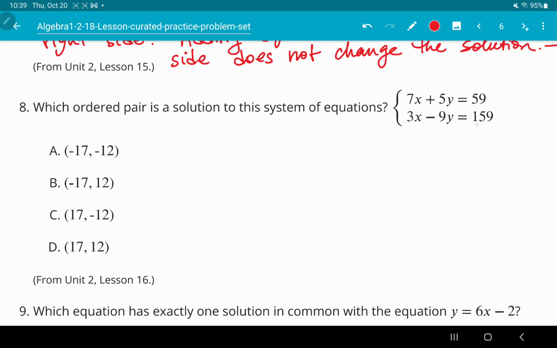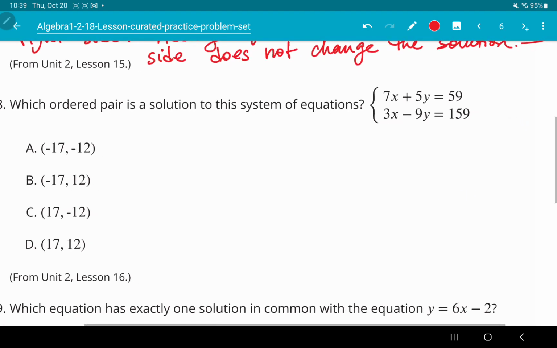And there's a little trick here to figure out if a number is divisible by 3. If you add up all of the digits and it's a multiple of 3, so 9 plus 5 plus 1, that's equal to 15. 15 is a multiple of 3, so 159 is a multiple of 3. So I'm going to take this equation and divide it by 3.